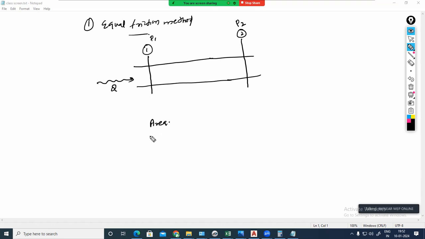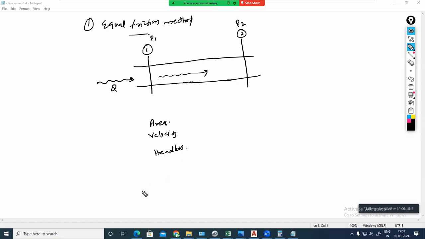When the air is flowing, it will be having a velocity. Definitely, no material is 100% smooth in nature. So the duct material will be having surface roughness. Due to the surface roughness, frictional losses will be generated. Due to the frictional losses, a pressure drop will come. So it will be clear that P2 is less than P1. In the direction of airflow, head loss will happen. That is head loss.